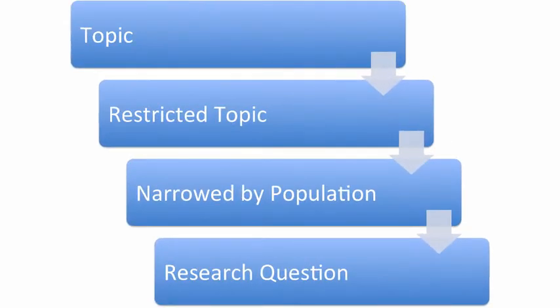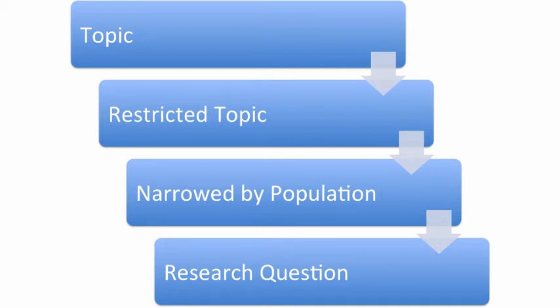Research question development starts with the main topic, which we should all have from Healthy People 2020. Then you need to restrict the topic, then narrow your topic even further by looking at a specific population that's affected by that topic. So when you identified a health issue on Healthy People 2020, I had you also look at some statistics and identify a population that is most affected.